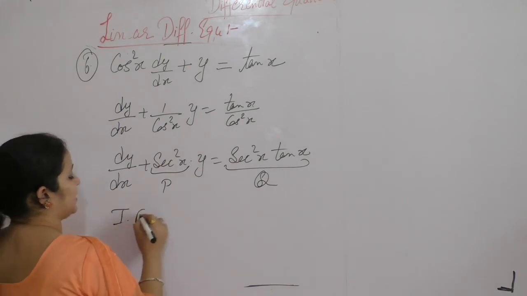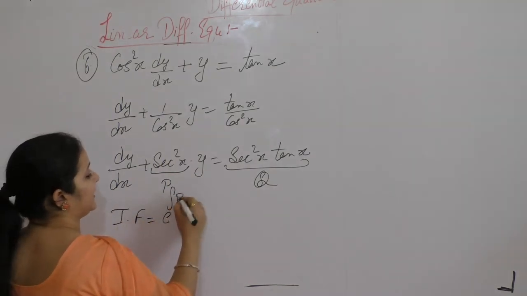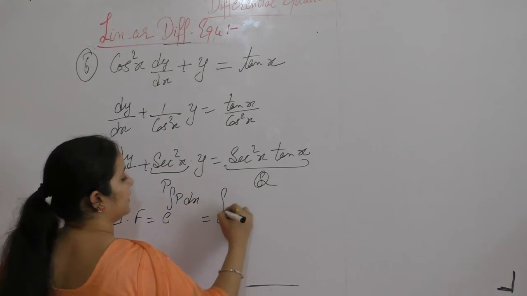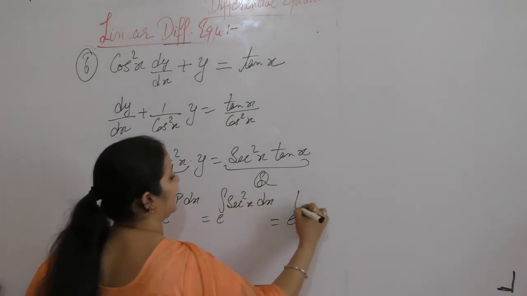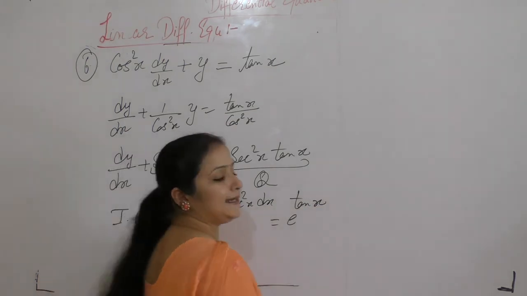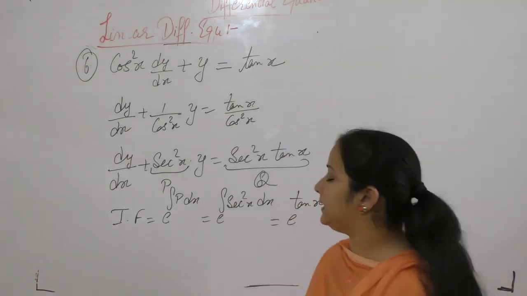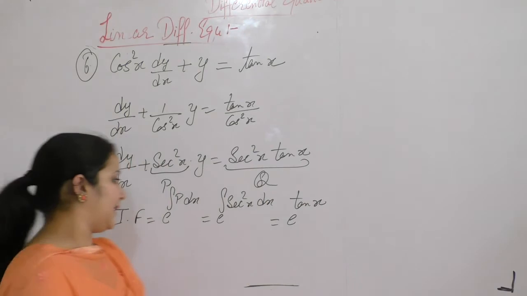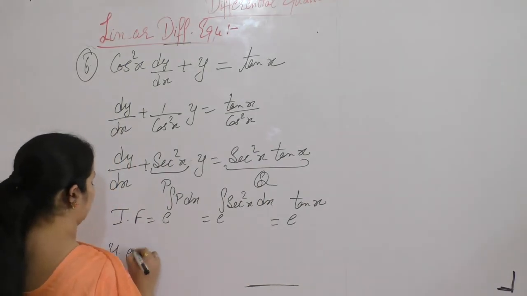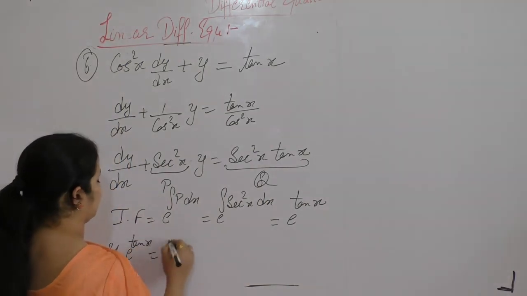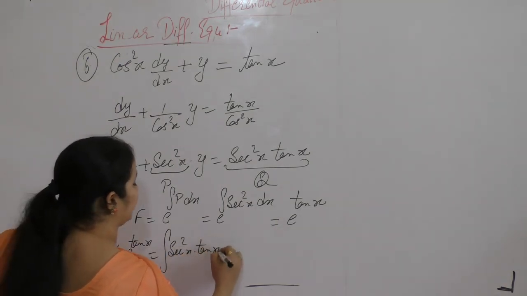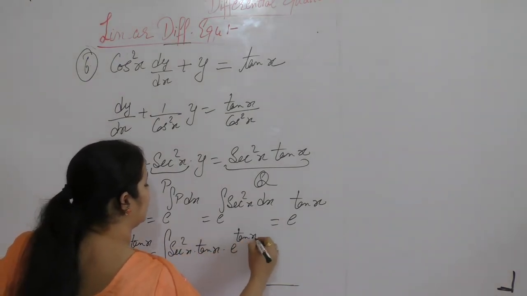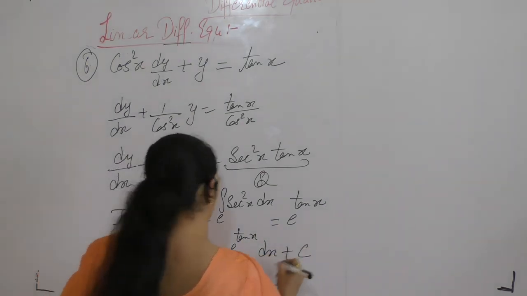Now in the next step we will have to find the integrating factor. Integral of sec square x is tan x. So we get the integrating factor as e power tan x. Now y into integrating factor is equal to integral of q into integrating factor dx plus c.